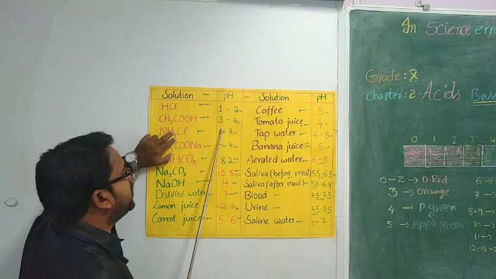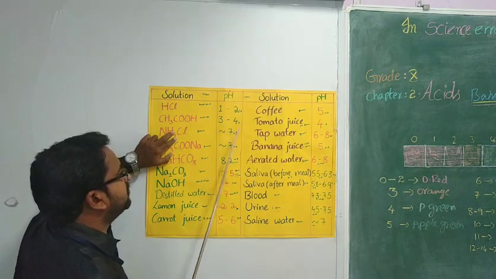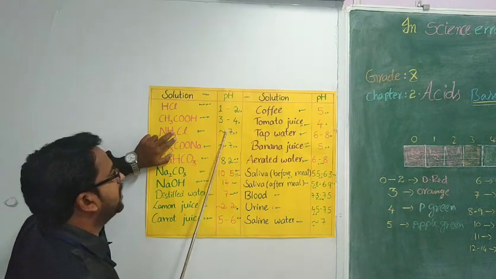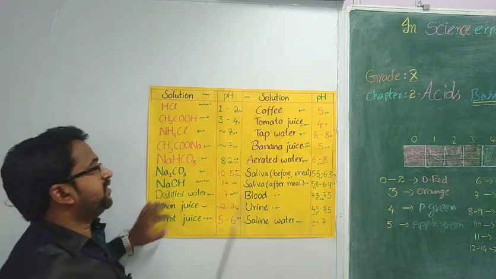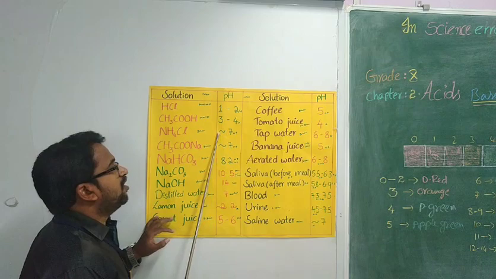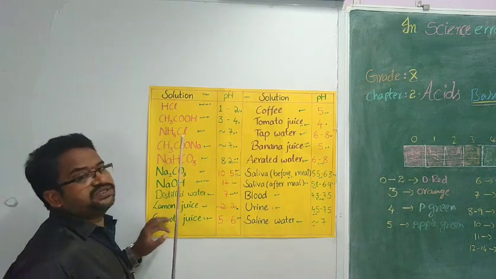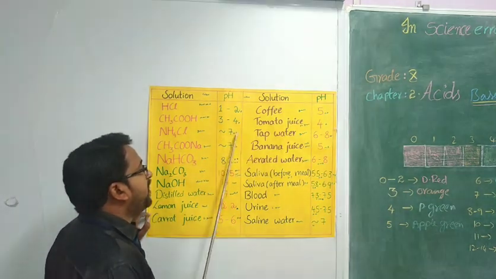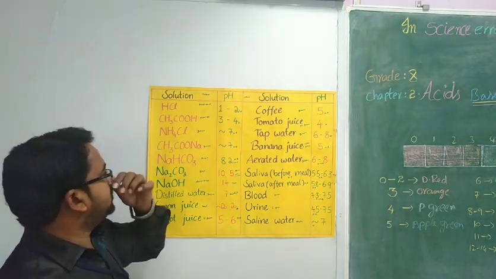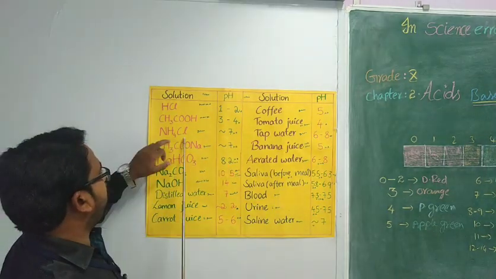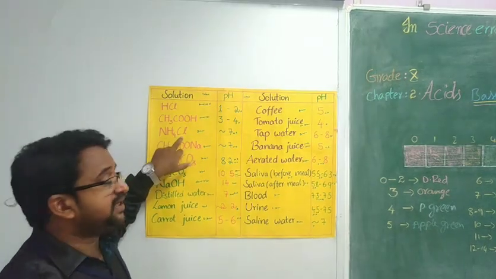Its pH value is approximately 7 but slightly less than 7, approximately 6.8, 6.97. So it is approximately equal to 7, and its nature is mild acidic. Why mild acidic? Because it is obtained from a strong acid.